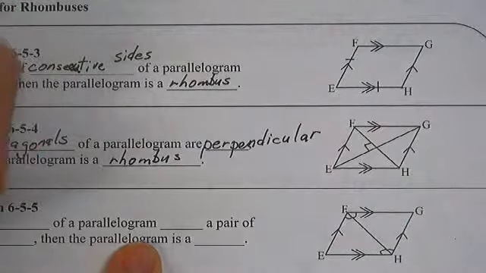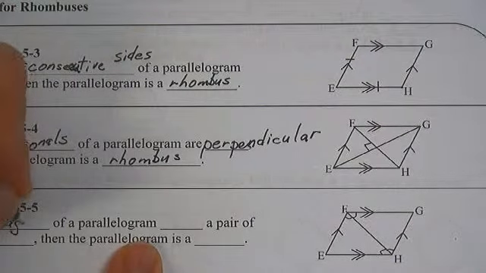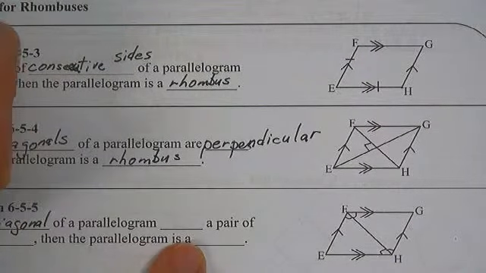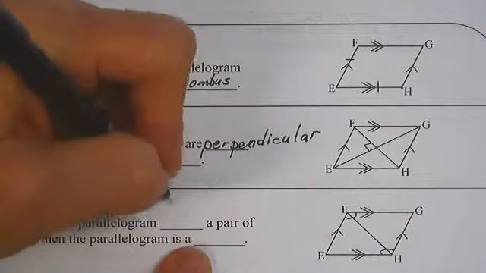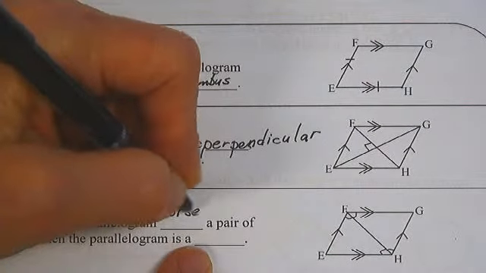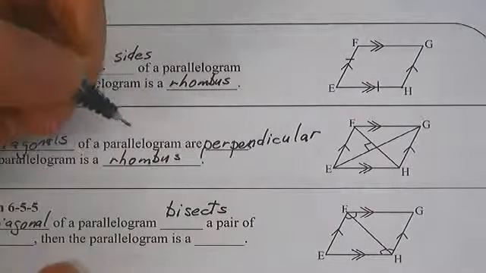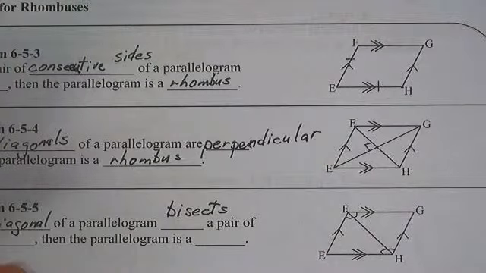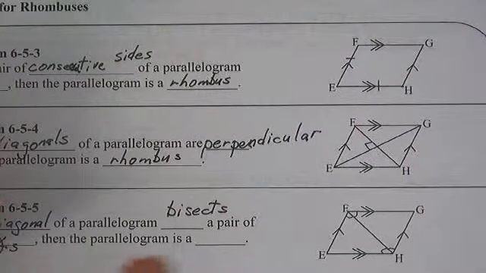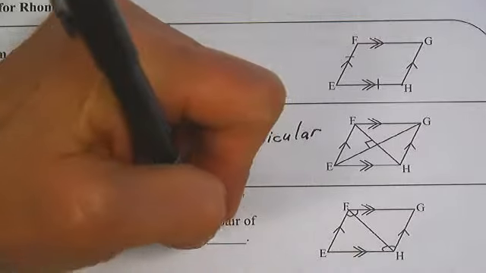If one diagonal of a parallelogram bisects a pair of opposite angles, then the parallelogram is a rhombus.